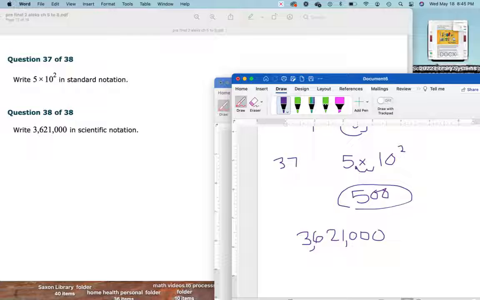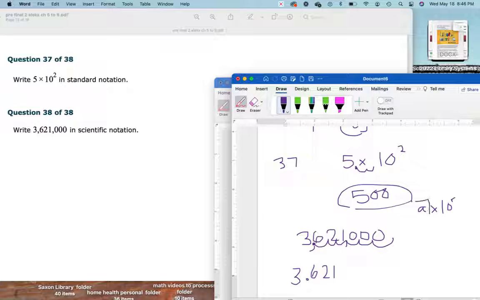So 3,621,000 is going to become, now we start with our decimal here, 1, 2, 3, 4, 5, 6. Remember, we go right behind the first non-zero digit. So 3.621.